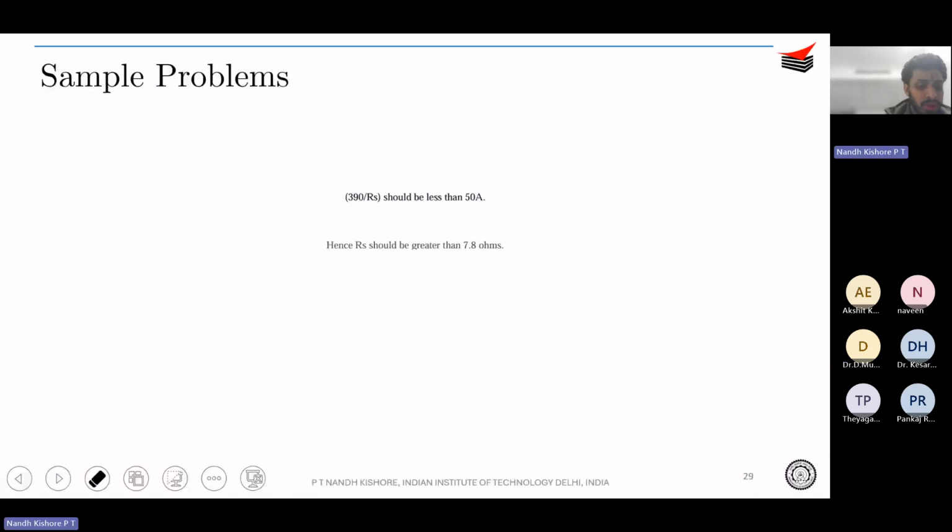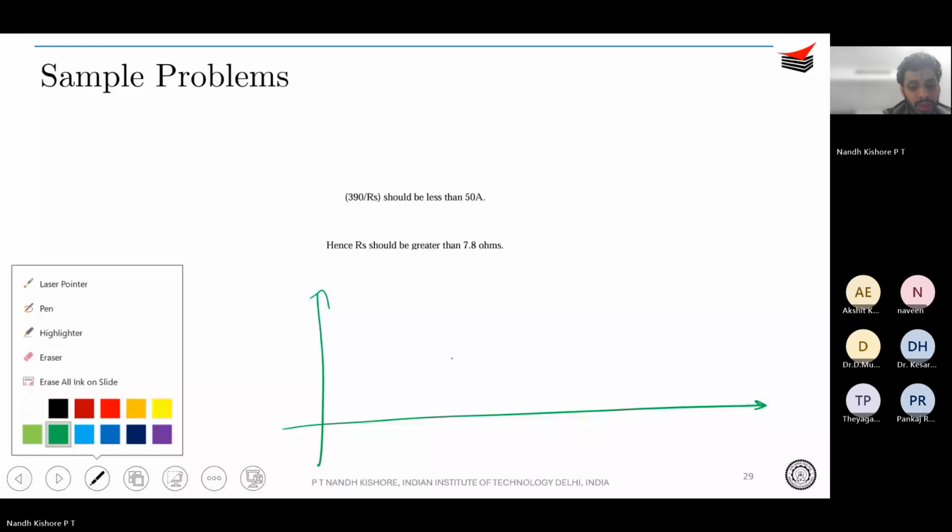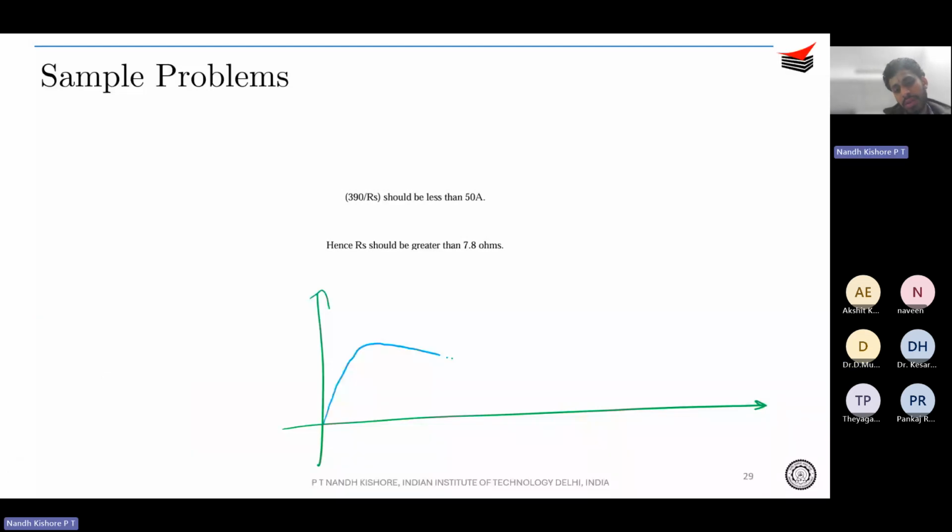What they want to mention is that your ripple is 73 volts. Let's say it's your capacitor voltage, then your ripple would be something like this. This is your delta V, this is your Vmax and this is your Vmin.